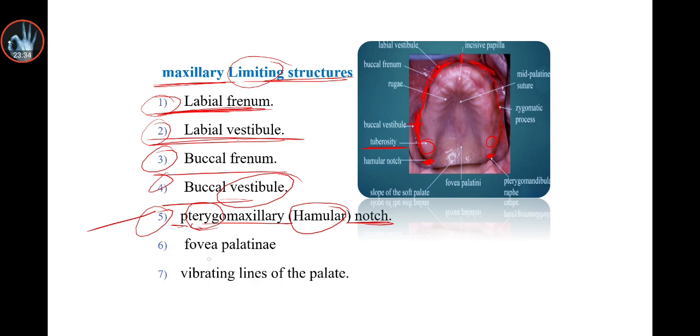And we have something called the fovea palatinae, which are two small ducts found on the posterior part of the palate.